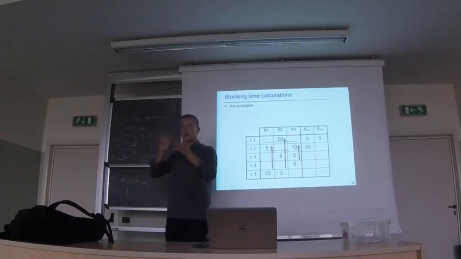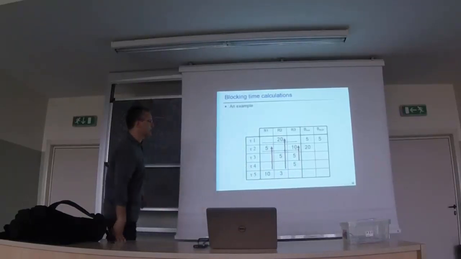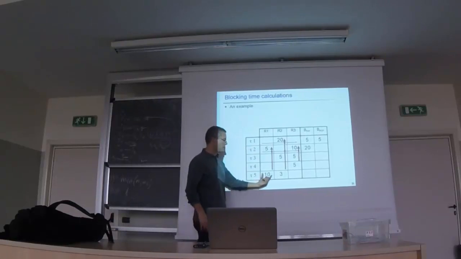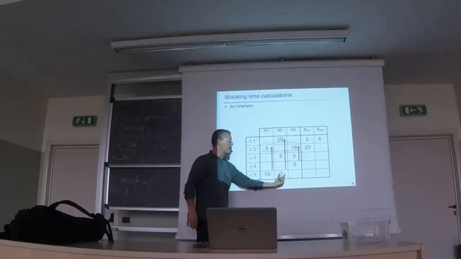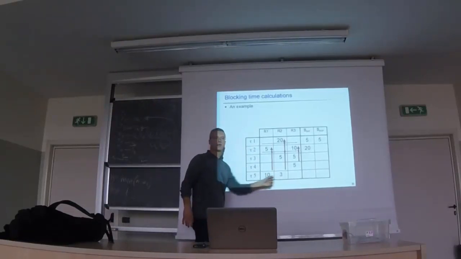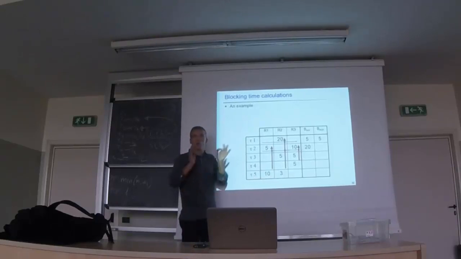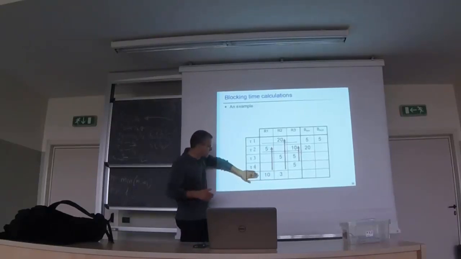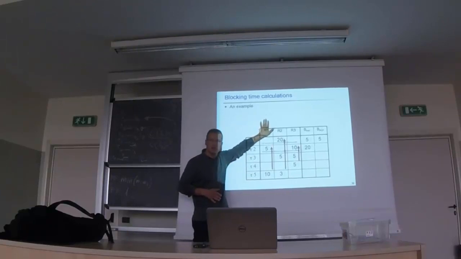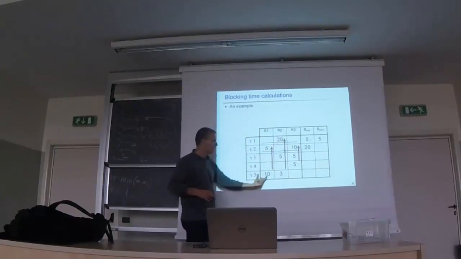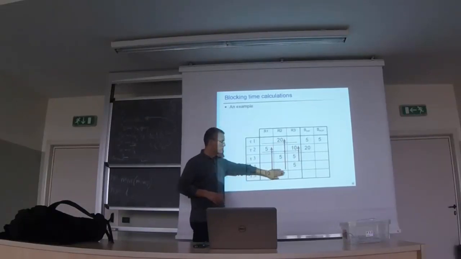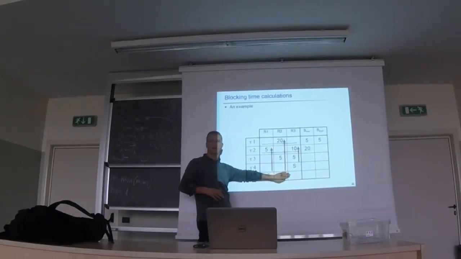So you can cross-interpolate the things. If I use this 10, I cannot use the 3, because I can be blocked at most once by each task and at most once by each shared resource. If I take this 10, I'm exploiting the fact that I can be blocked by this guy, so I will not be blocked again by him. Okay?